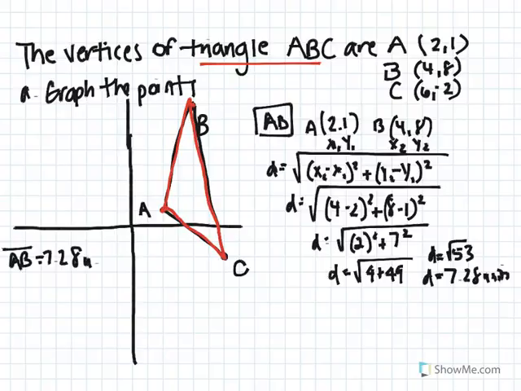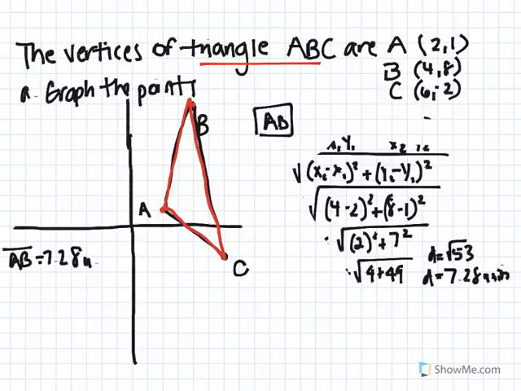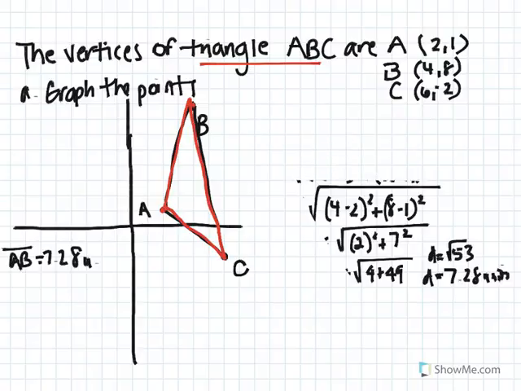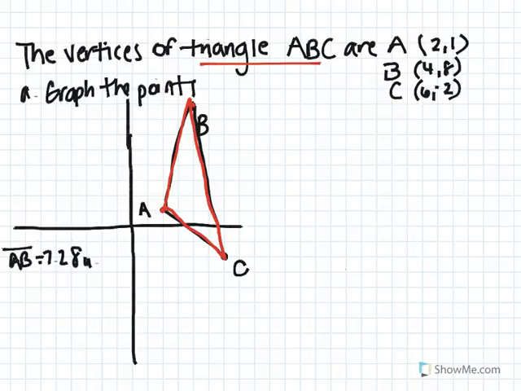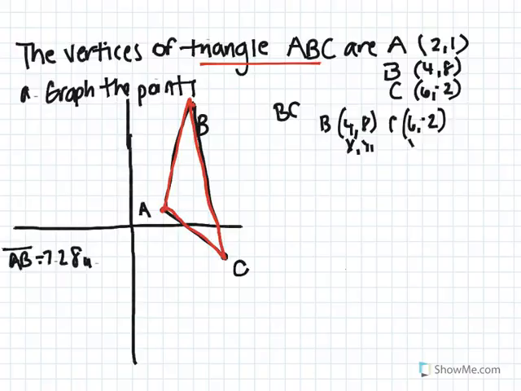Okay, just so I can keep everything all together, I'm going to erase this and do the distance formula for the next side that I need to find, which is BC. I have B, which is (4, 8), and C, which is (6, -2). I have x1, y1, x2, y2.